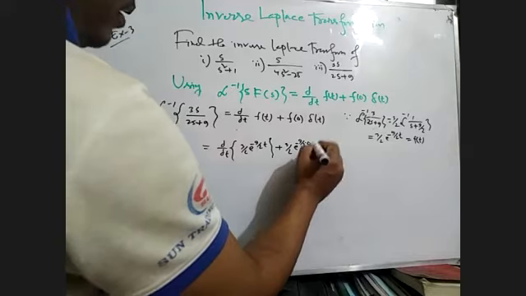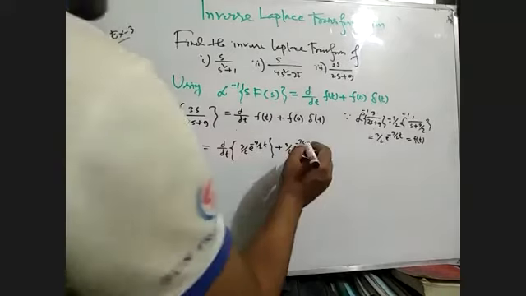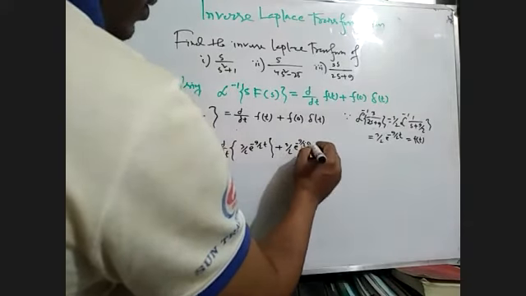And del t what will be? F of t of 0 into del t.